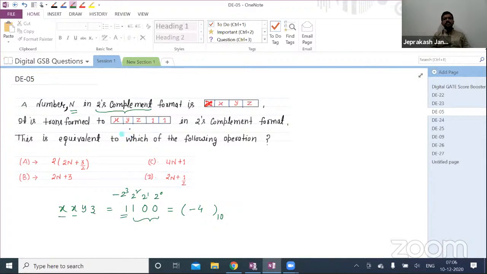Right. Now consider this number, xyz11. So substitute the corresponding values. X is nothing but 1, y value, z value is 0, 0, 1, 1. Now this is also in 2's complement format only. What is the decimal equivalent?